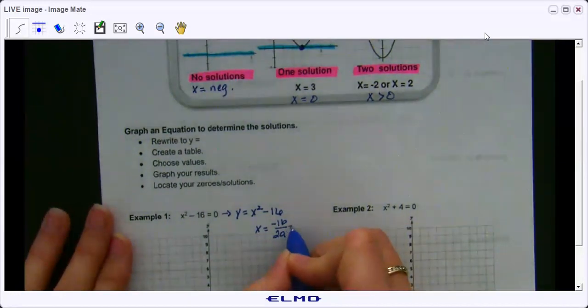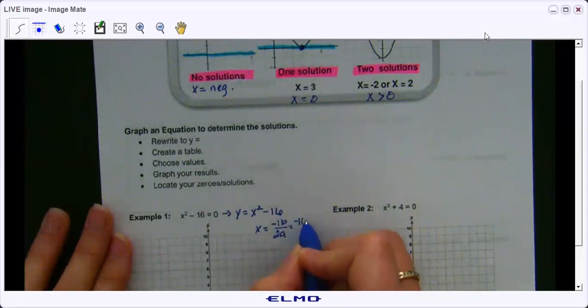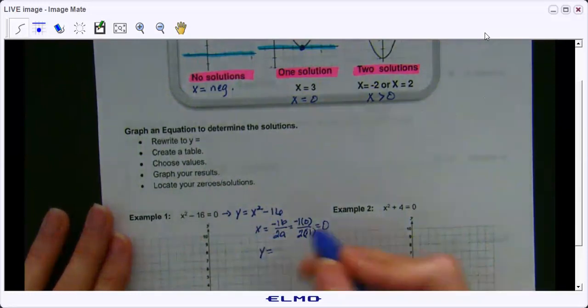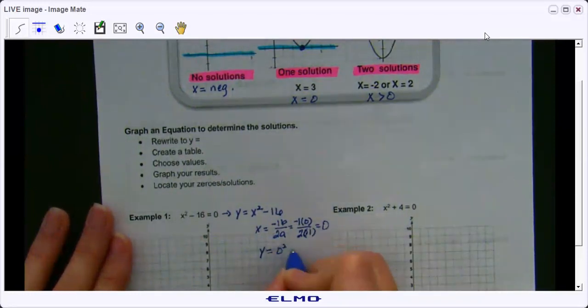So because our b is 0, that means that our x will be 0. So we have 0 squared minus 16. So y is going to equal -16. That means that our vertex is (0, -16).